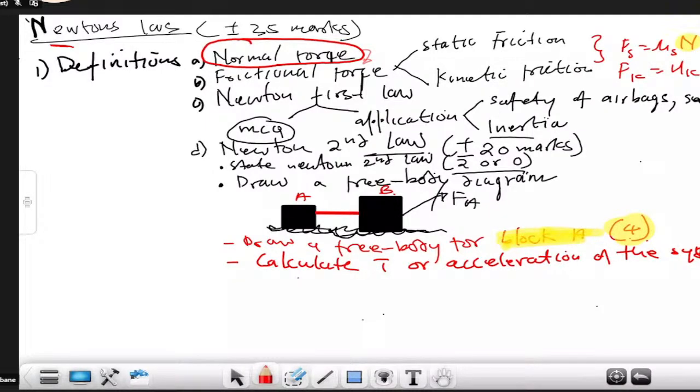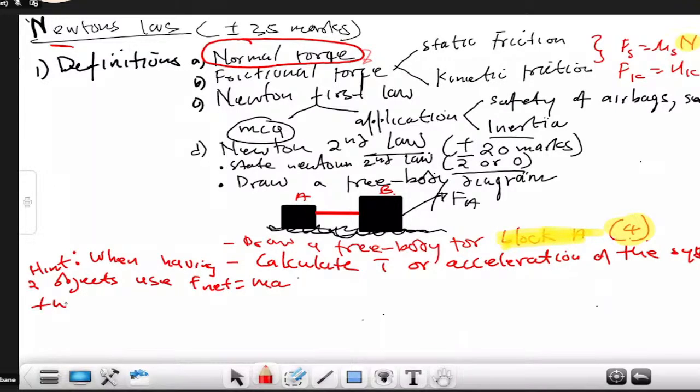So what is the catch here? Ladies and gentlemen, a hint that is very, very important: when having 2 objects, use Fnet is equal to ma twice. Very, very, very important.